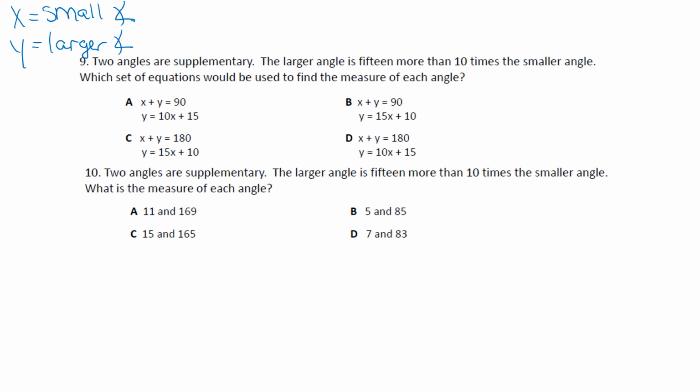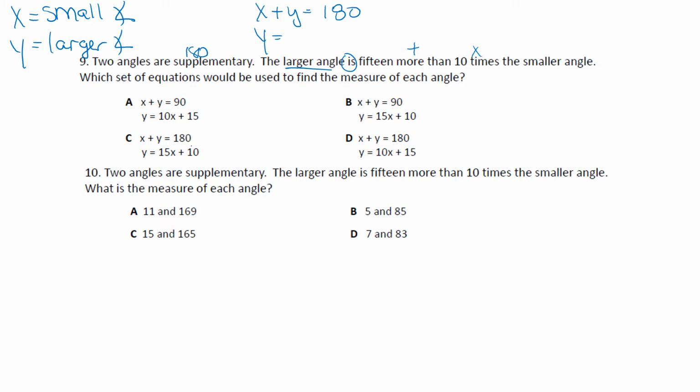So we know the two angles are supplementary, which means they're 180 degrees added together. So we can have x plus y equals 180. Our second sentence says the larger angle is, so that would be y equals 15 more than, so more than is addition, 10 times, which is multiplication, the smaller angle.